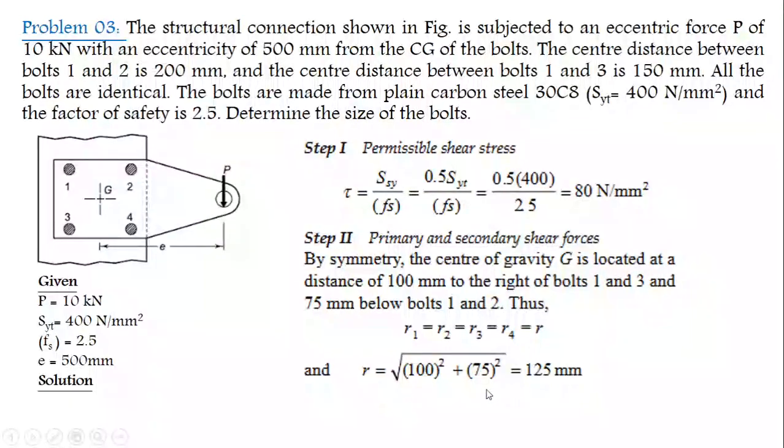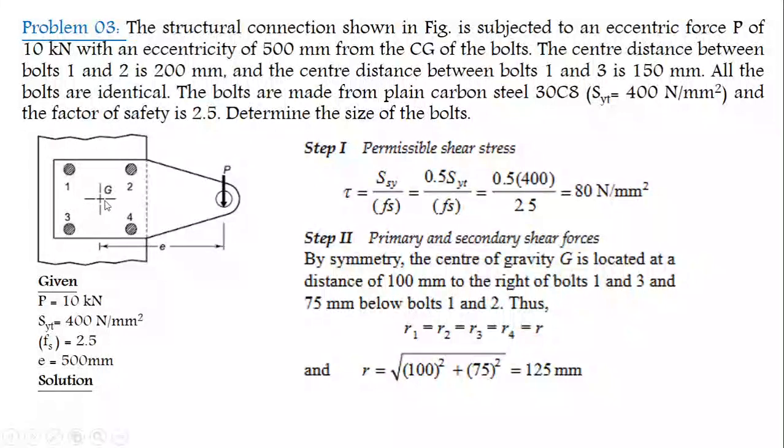Here we can find the R value using the Pythagoras theorem, taking this triangle. R equals the square root of this value plus this value.